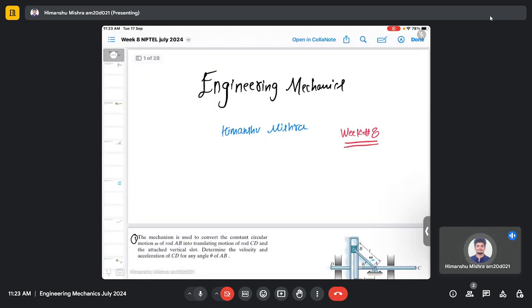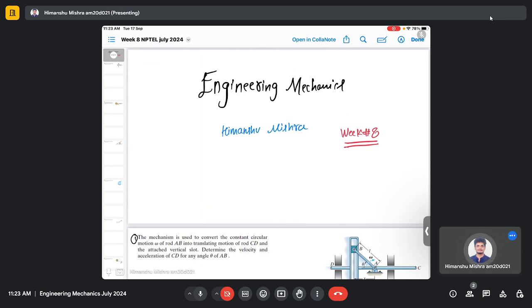So let's start with this week's problem. Until now we have looked at how to calculate the velocity and acceleration in the Cartesian coordinate, in the curvilinear coordinate, where we define the components in the normal and tangential form, and in the polar coordinate, where we define the components in the radial and angular direction.